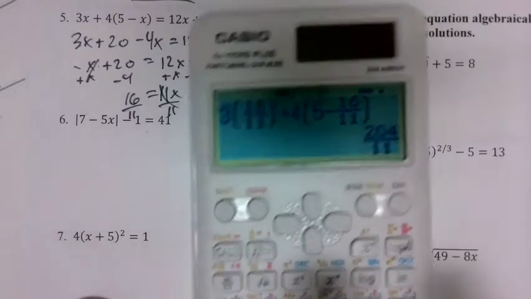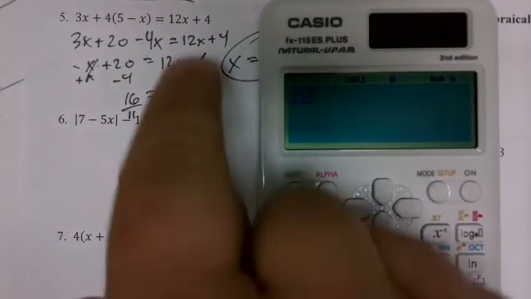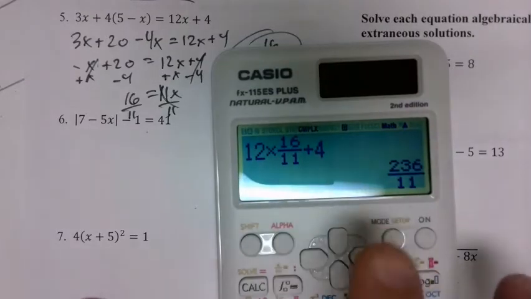Okay, I get 204 elevenths when I do that. Now I need to do the right side: 12 times 16 elevenths plus 4. I get 236 elevenths. I've done something wrong.